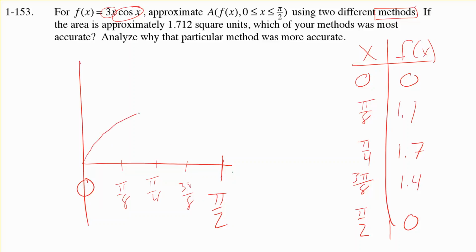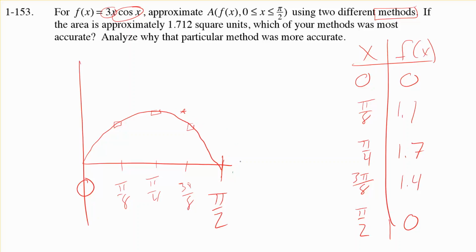So not quite a half a circle, because it's definitely just a little bigger on this side, but not far off, I guess I'd say. 1.1, 1.7, and this should be 1.4, so we could sketch that just a little better.